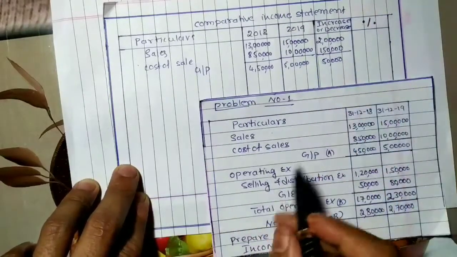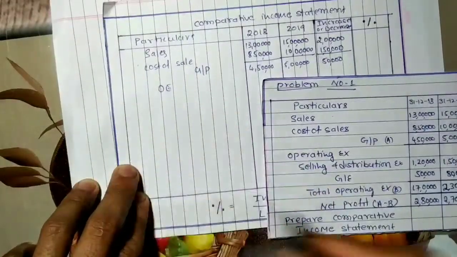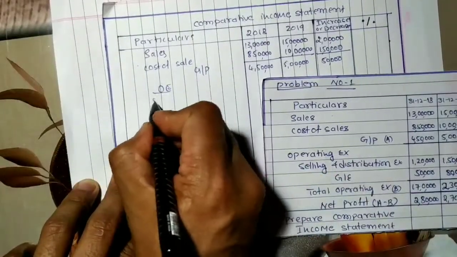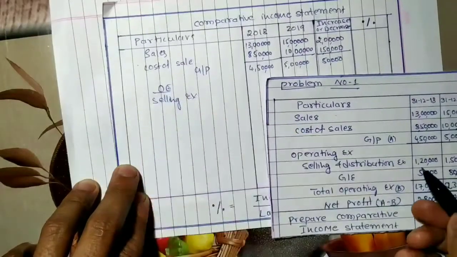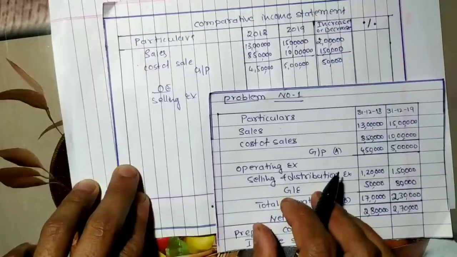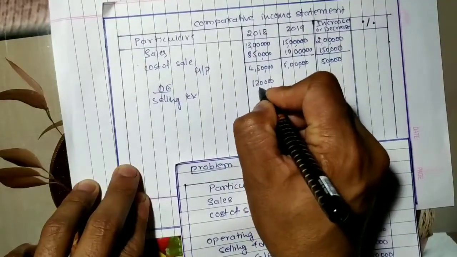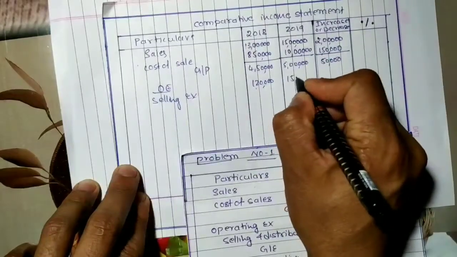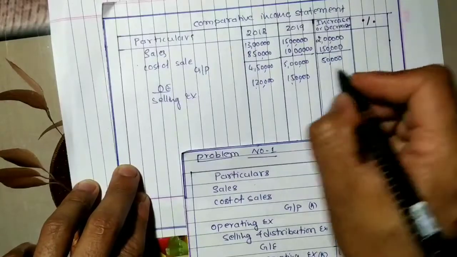So next, operating expenses. In that, selling expenses, how much? 1 lakh 20,000 and 1 lakh 50,000. The difference is 30,000. Increased, right?